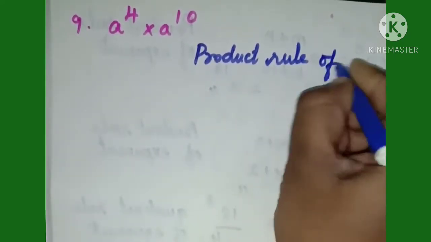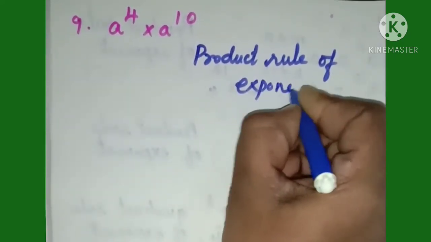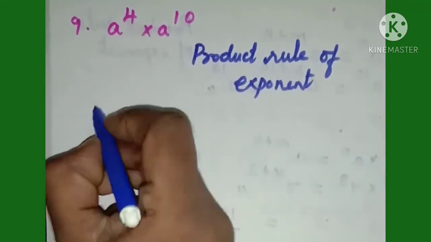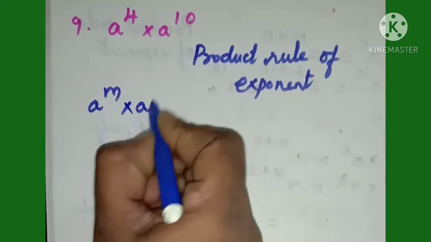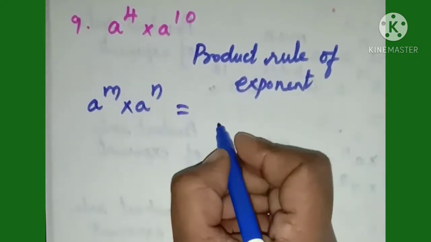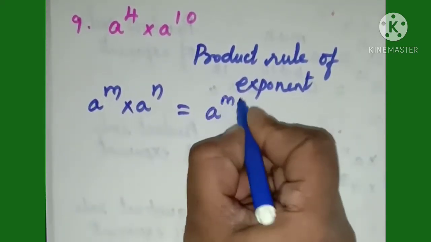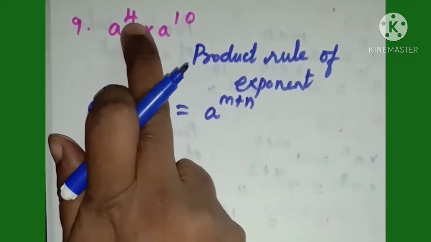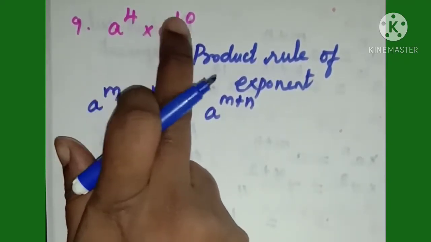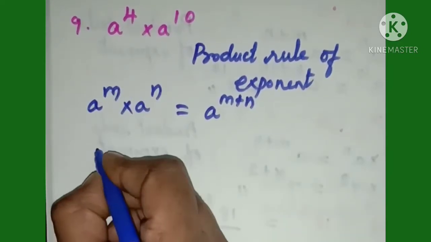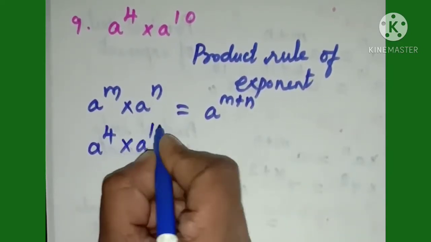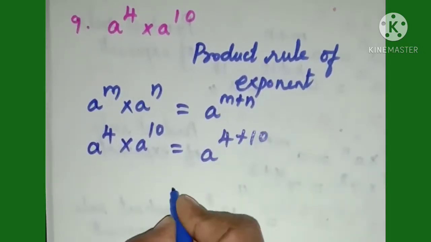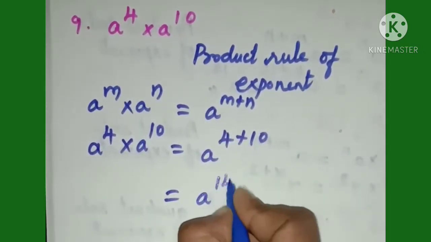It is of the form a to the power m into a to the power n is equal to a to the power m plus n. So if the bases are same, we have to take the sum for the exponents. So a to the power 4 into a to the power 10, we can write it as a to the power 4 plus 10, which is a to the power 14.